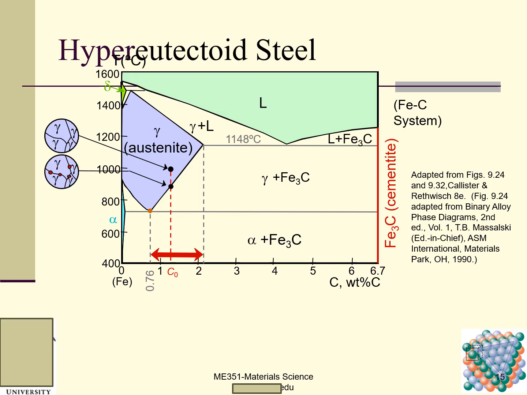So here is gamma, and this is a boundary, and we have this dot here, and this dot is gamma. For the hypo case, the dot is alpha, but here the dot is gamma. When we go down, the gamma grows into bigger branches here.